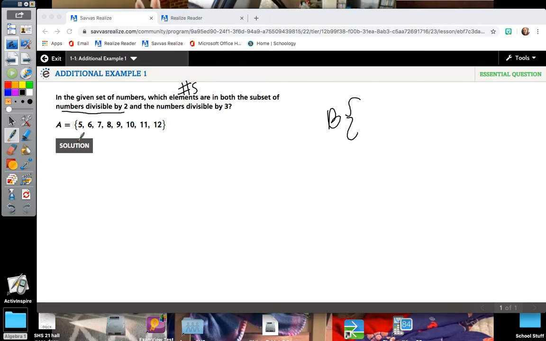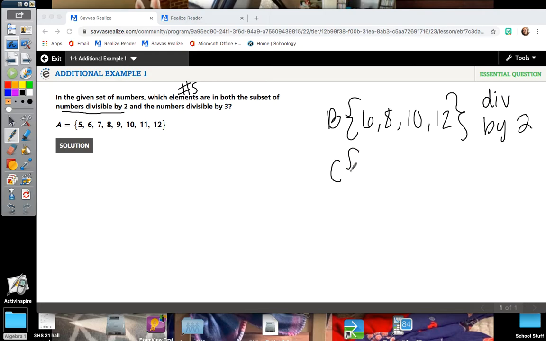So 5 divided by 2 is a decimal. 6 divided by 2 is 3, so that's one of them. 7 divided by 2 is a decimal. 8 divided by 2 is 4, so that's one of them. 9 divided by 2 is a decimal. 10 divided by 2 is 5. 11 divided by 2 is a decimal, but 12 divided by 2 is 6. So when you're looking at numbers divisible by 2, you're going to look at your even numbers, exactly. So these are divisible by 2.